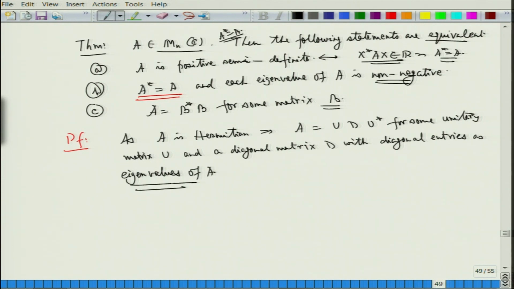That they are eigenvalues of A is more important, all right, fine.